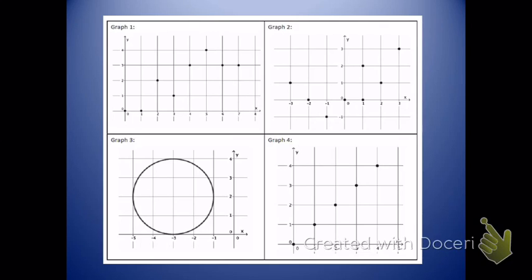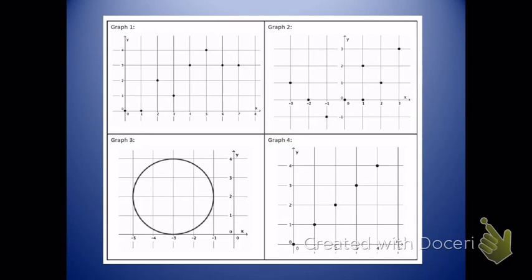So let's look at graph 1. Okay, so graph 1 is a function because there's a unique output for every input.